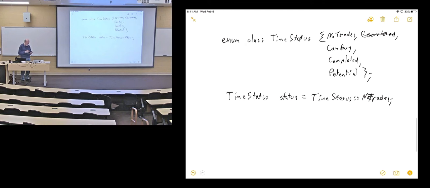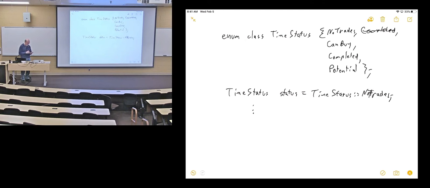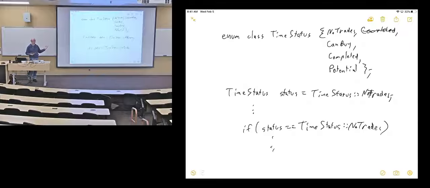And then I can do if statements with that enumerated type, like later on I could say if my status is equal to time status, colon, colon, no trades, I can do stuff.